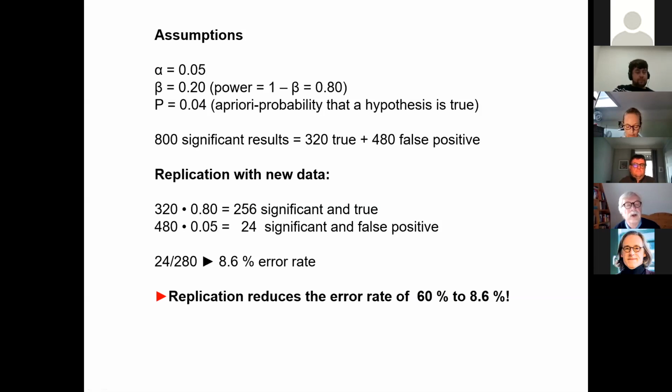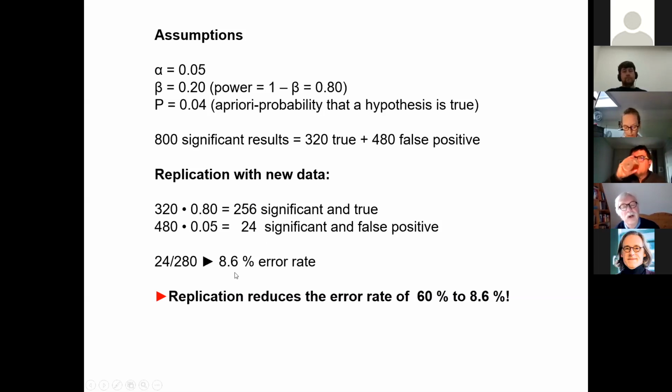The 480 wrong findings, with the 5% alpha error, leave 24 significant false positives. Together, there are 280 significant results after one replication, and 24 are wrong.